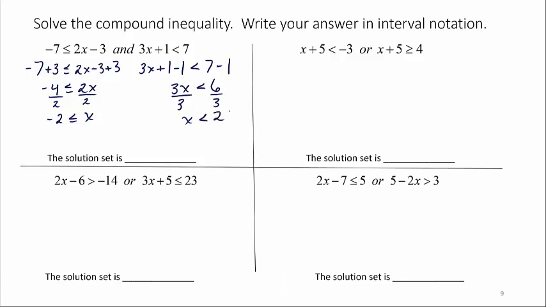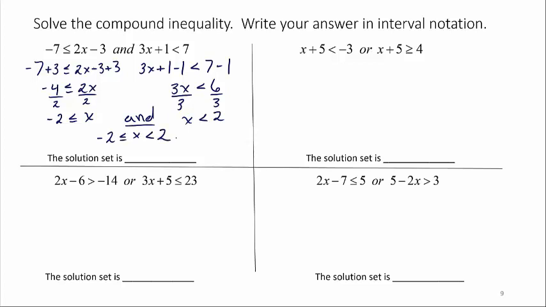Okay, now remember there's an "and" statement going on through all of this, right? So I have -2 less than or equal to x and x less than 2. So I really have -2 less than or equal to x less than 2, right?